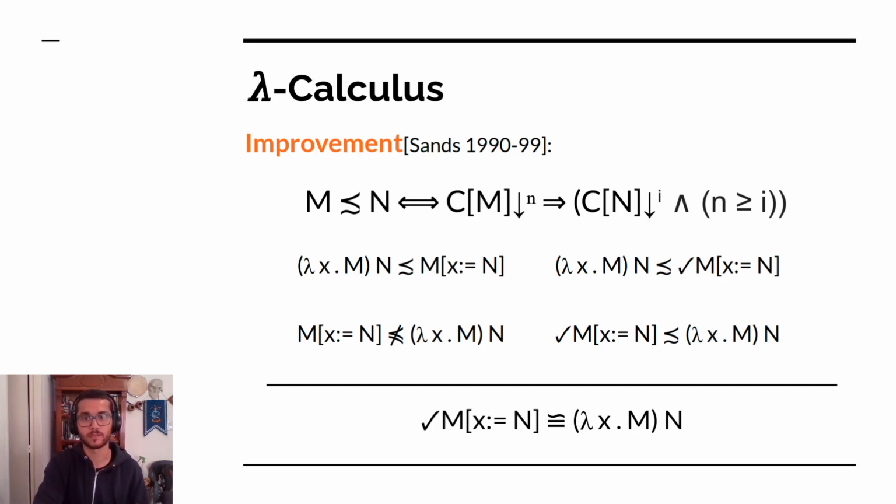One is the same as observational approximation that we saw before, and the other one is that the cost is not worsened by the evaluation of the terms.